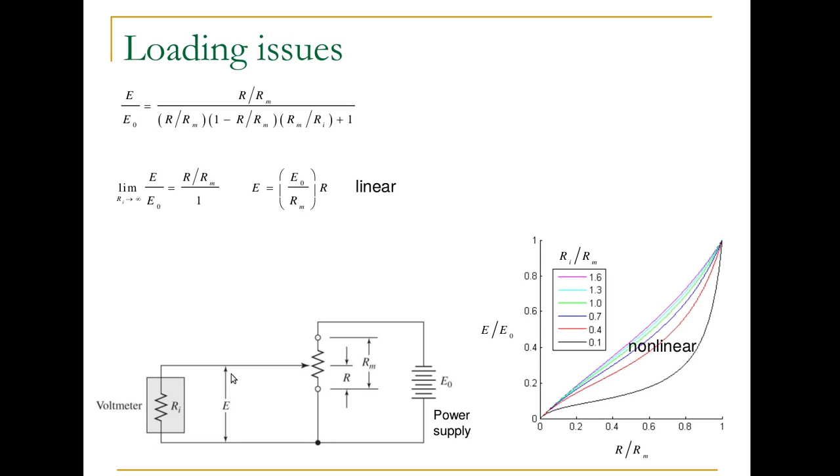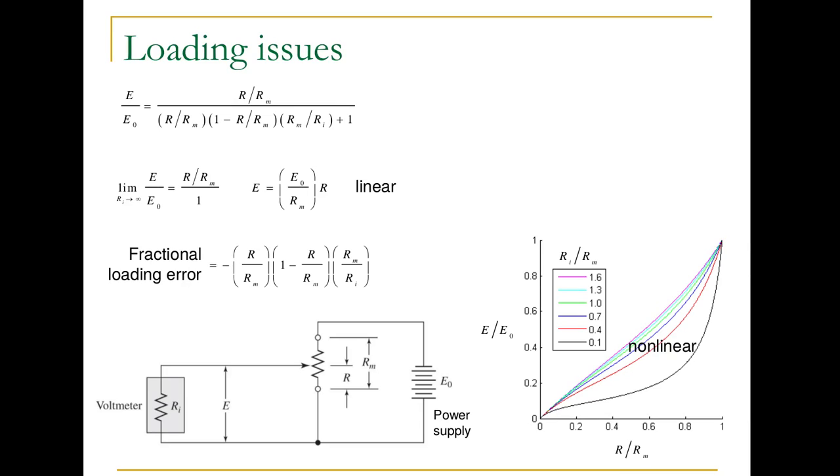So we need to take into account non-ideal input circuitry. And if we want to see how much the real measurement, E over E0, is going to differ from the ideal case where we have an infinite resistor, then we can look at the fractional loading error.